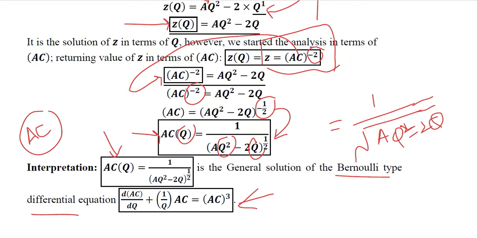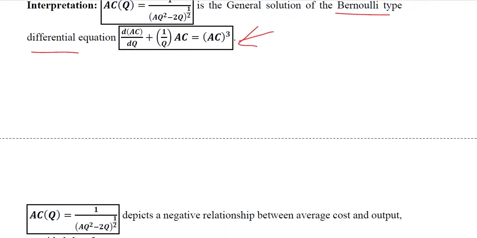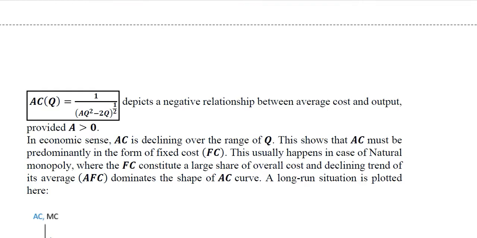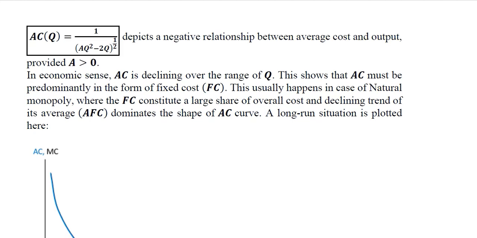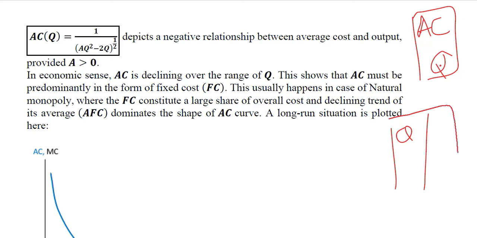However, its diagrammatical depiction can help us to better understand the phenomenon, which is the economic phenomenon in this case. Now, if I plot these two variables, that is q and then AC, which is dependent on this, by putting various values of q, I can make a table in this way by experimenting with 0, 1, 2, and 3, and so on.